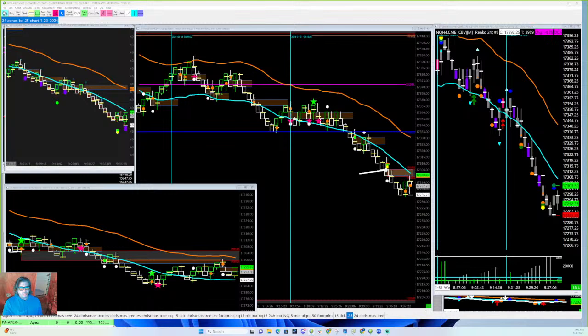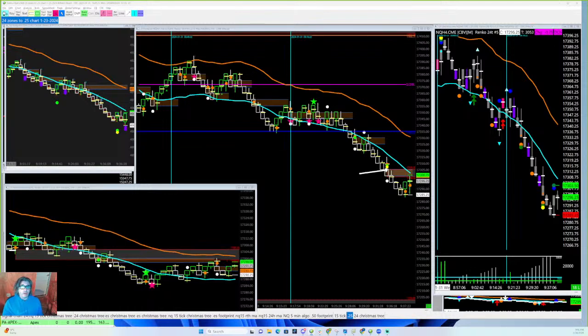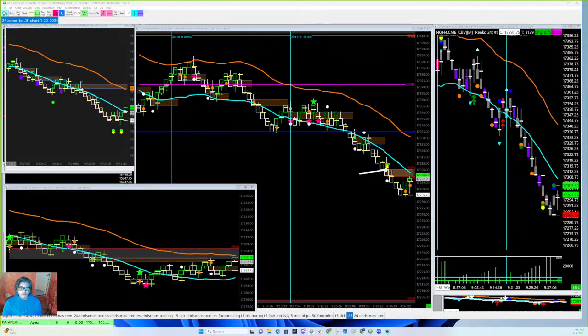Like, you can just relax. You don't have to figure out where the bottom is. Just wait till it prints. The speed is bizarro, I will tell you that.